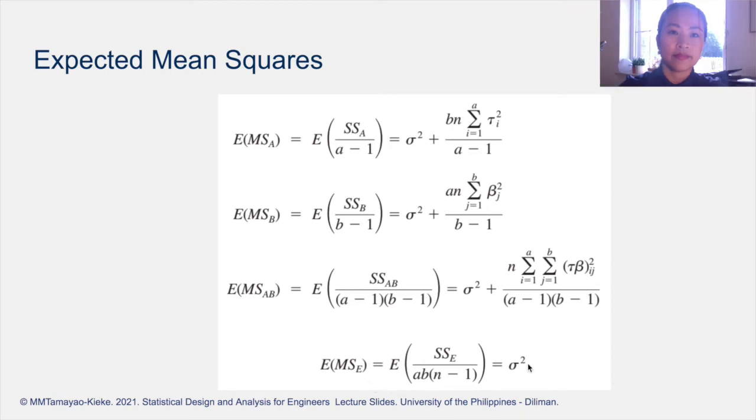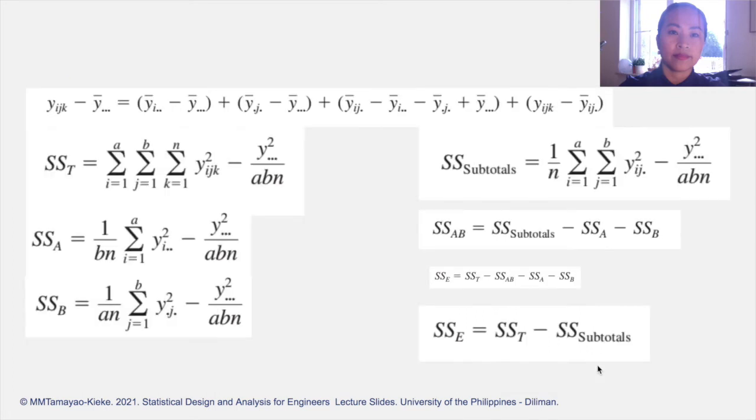Now, going back to the notations that I showed you before, we can actually rewrite the ANOVA identity where total sum of squares is equal to sum of squares of A plus sum of squares of B, sum of squares of the interaction plus sum of squares of the error.